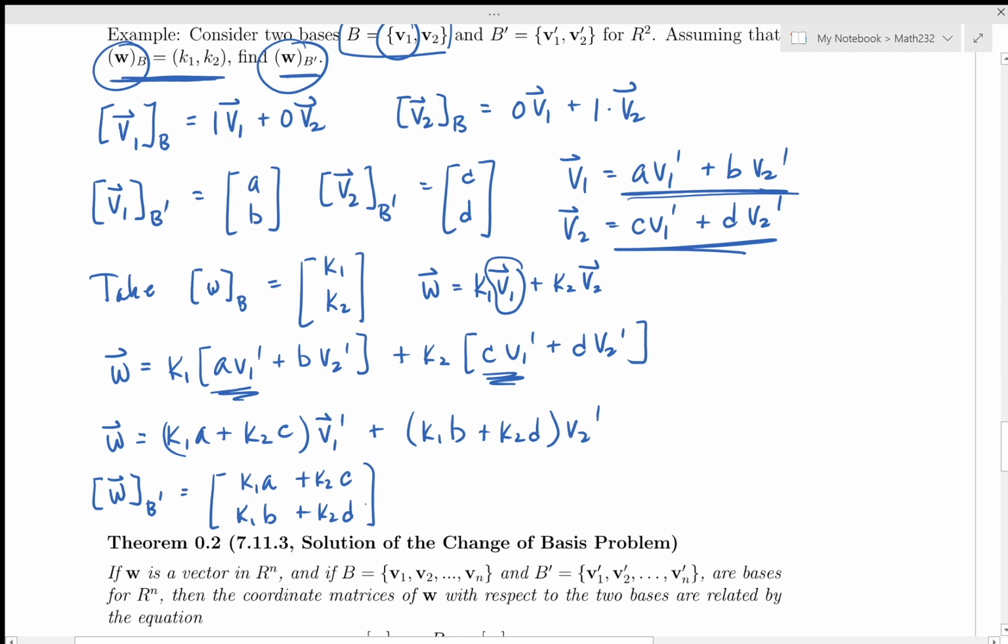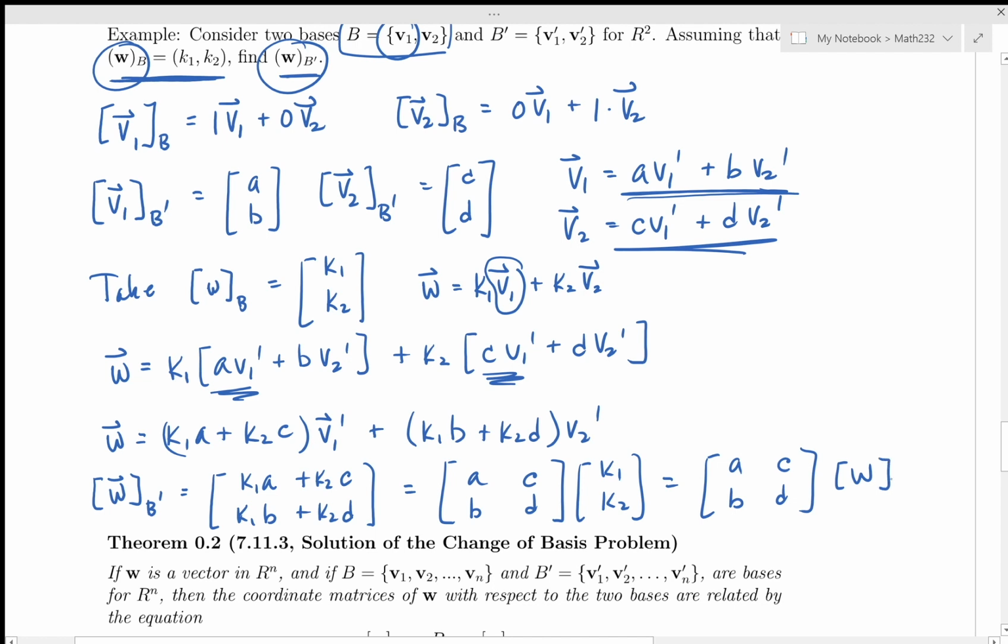Then I'm going to rewrite this as the matrix with rows a, c and b, d multiplied by k1 and k2. And that is the matrix a, b, c, d times w referenced to B.